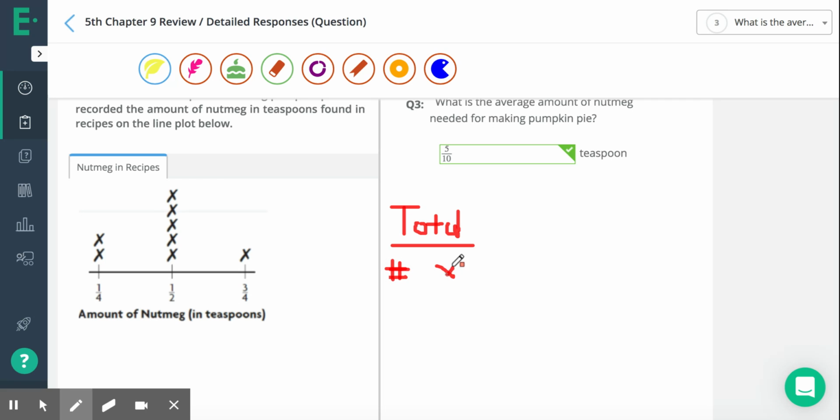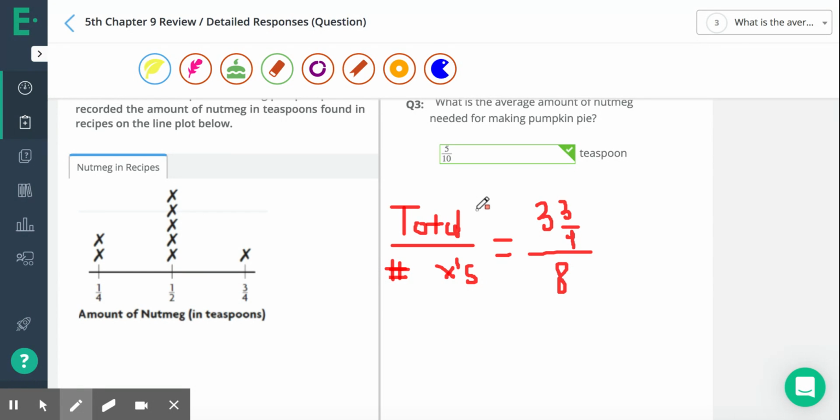I'll just write number of X's for right now. I remember that my total was 3 3/4 teaspoons of nutmeg altogether, but I need to divide that by 8, which was my number of data points.